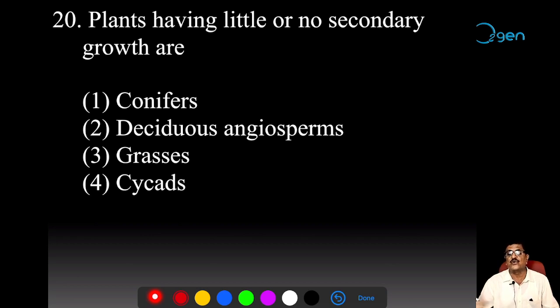In monocots, few of them have anomalous secondary growth, whereas in grass there is total absence of secondary growth. So plants having little or no secondary growth are option C, grasses.